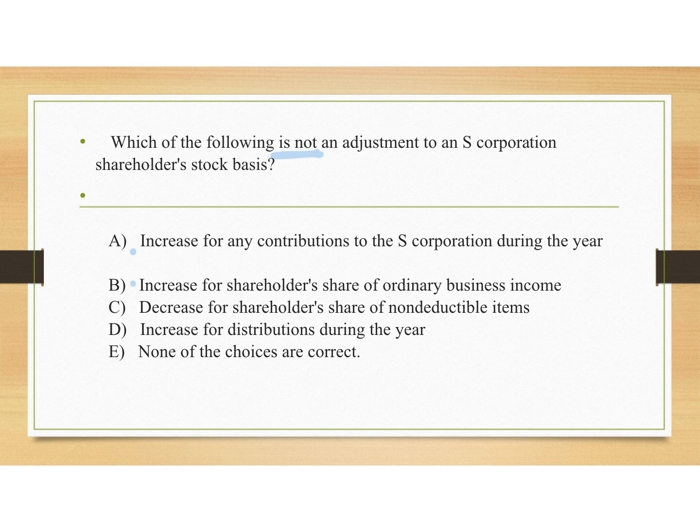Yes, we do. Decrease for the shareholder's share of non-deductible items. This is like a separately stated item, like fines and penalties when we were talking about partnerships, so that's the same thing. Increase for distributions during the year. So D would be your answer, because you do not increase for distributions during the year. Distributions decrease your basis.